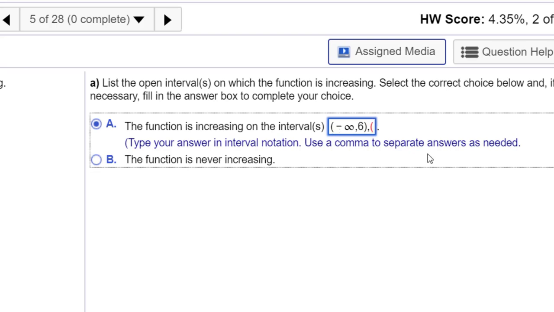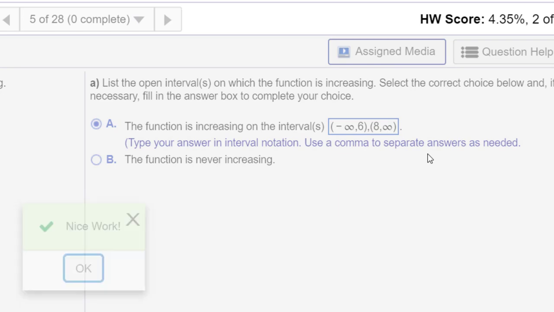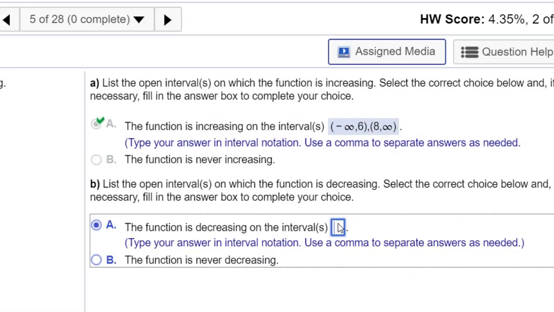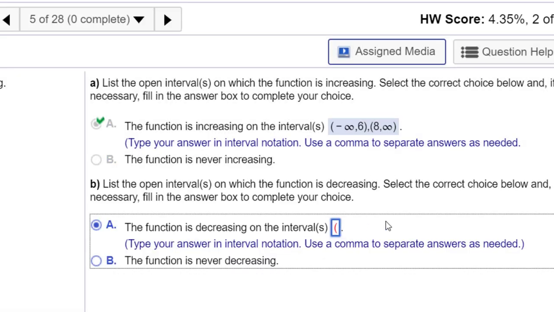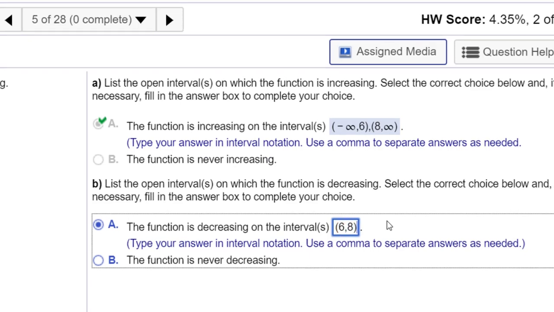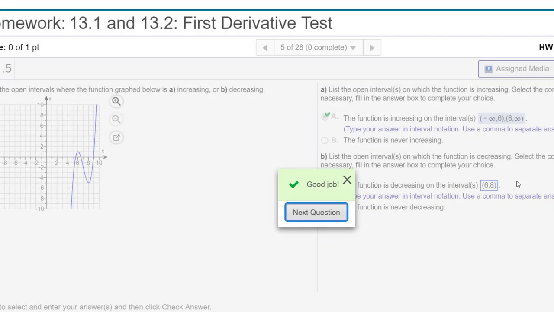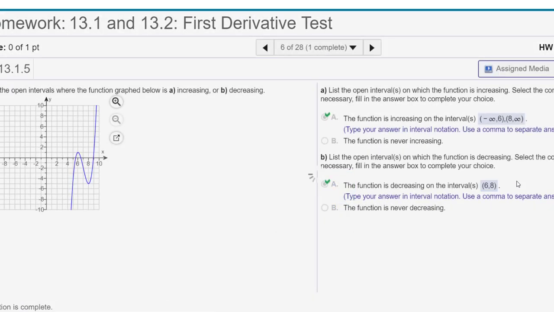So 8 to infinity is the other increasing spot. And then we'll get our decreasing interval after that: 6 to 8 will be your decreasing. We didn't talk about this, but the place where the graph changes from increasing to decreasing or decreasing to increasing is called a critical point or a relative extrema.